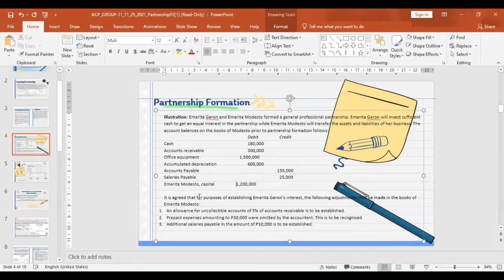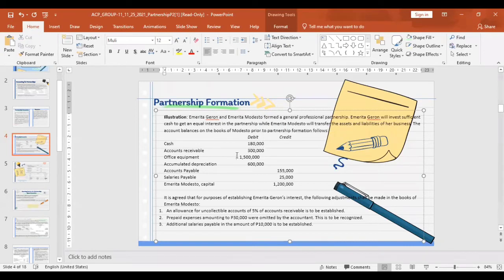Dito, it is agreed that for the purposes of establishing Emerita's current interest, the following adjustments shall be made in the book of Emerita Modesto. So, merong adjustment na mangyayari daw sa mga transfer na asset. So, yun, sabi dyan, an allowance for uncollectible accounts na 5% is established. So, dito sa 300,000 na contribution ni Emerita Modesto, may 5% daw siya na uncollectible. Parang hindi sigurado kung makakolekta pa ba.